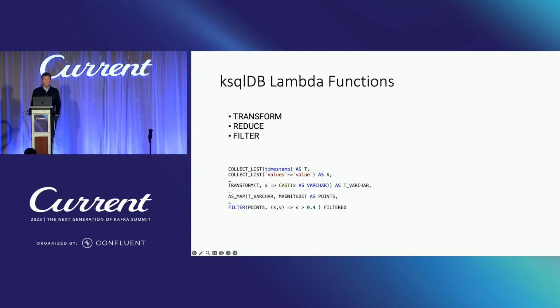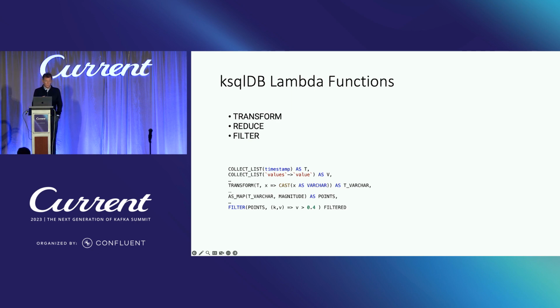And we do it with the beautiful KSQLDB lambda functions: transform, reduce, and filter. In this example, we can take collect list of our time, the time series, right? And collect list as the values. So we'll get arrays T and V, which represent our original graph.